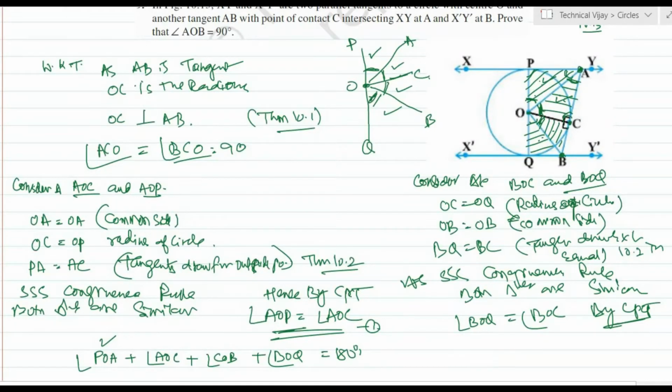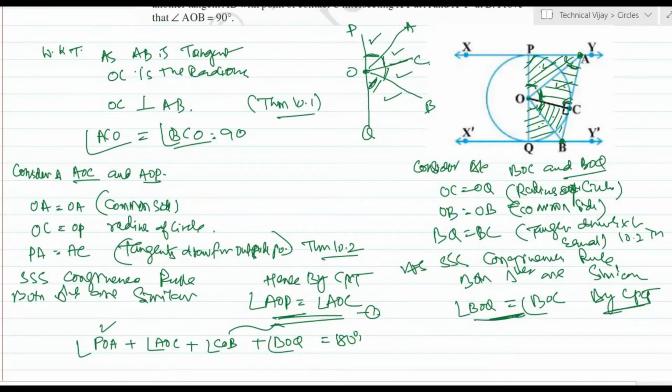So we can write 2 into AOC, because AOP and AOC are equal, plus 2 of COB, because COB and BOQ are equal, is equal to 180 degrees.